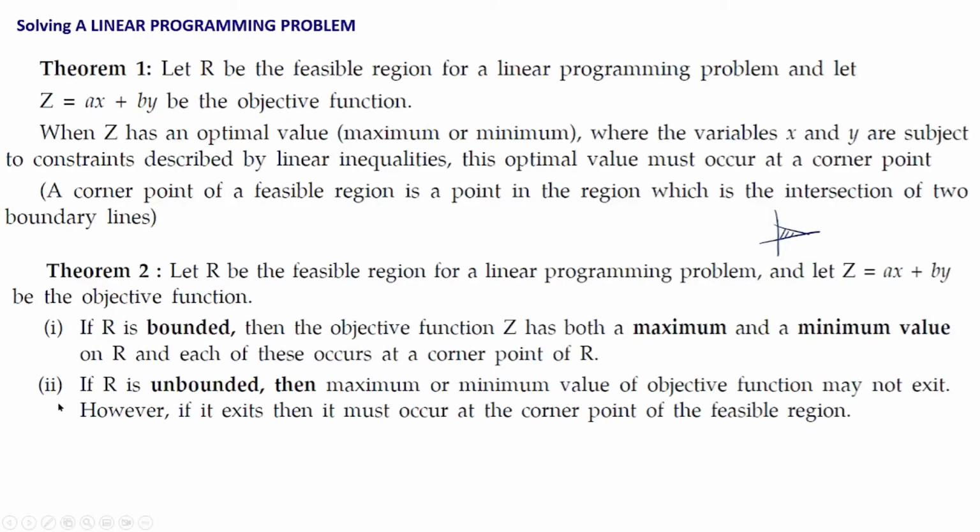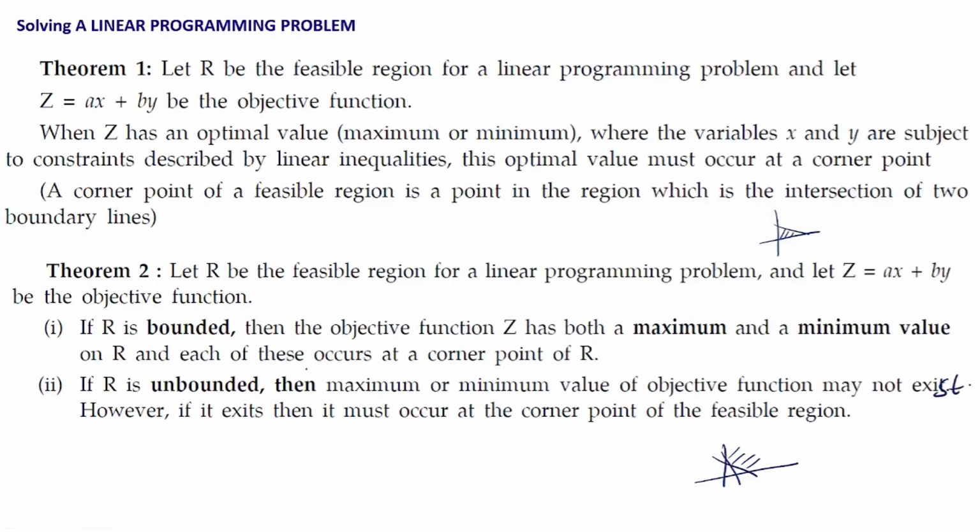The second part is if R is unbounded. Sometimes the feasible region will be unbounded. Then the maximum or minimum value of the objective function may not exist. Sometimes it may not exist.